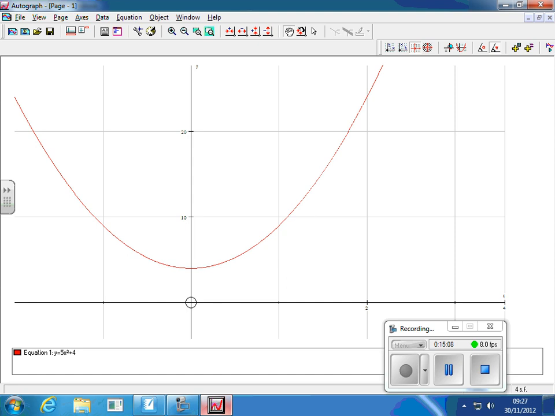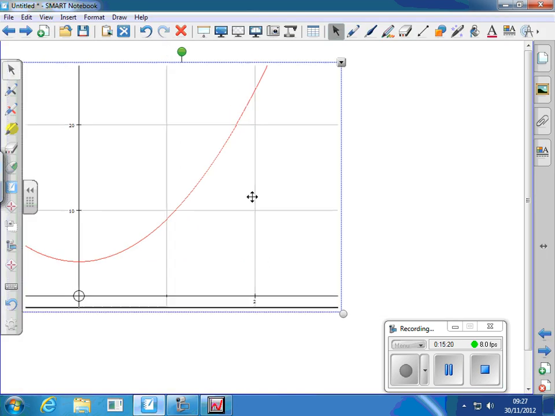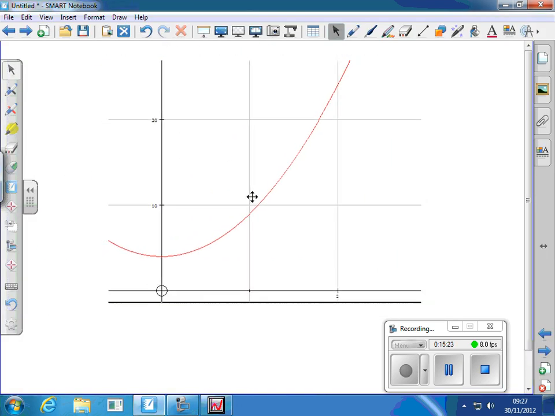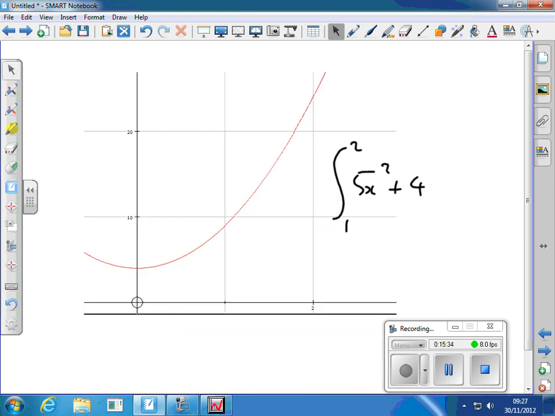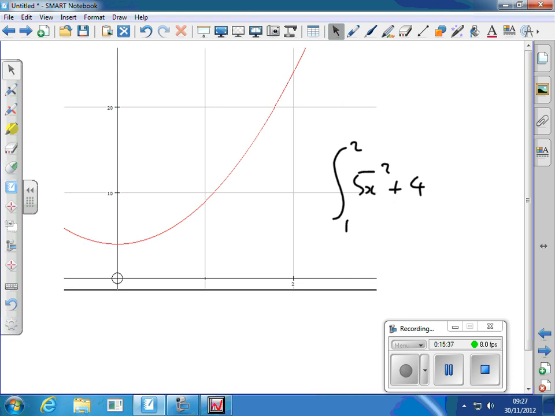So if I put this particular curve into my notes here, what this is telling me I can do is, if I want to integrate this function 5x squared plus 4 between 1 and 2, I can find the area underneath this curve between 1 and 2, which is this bit.